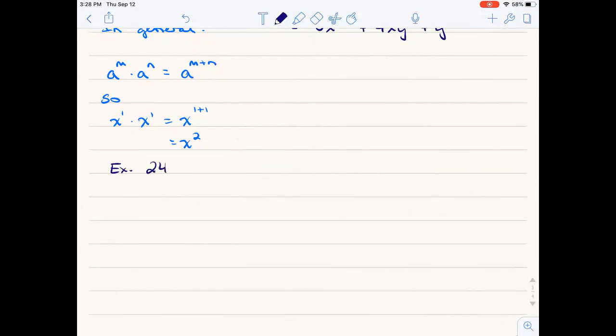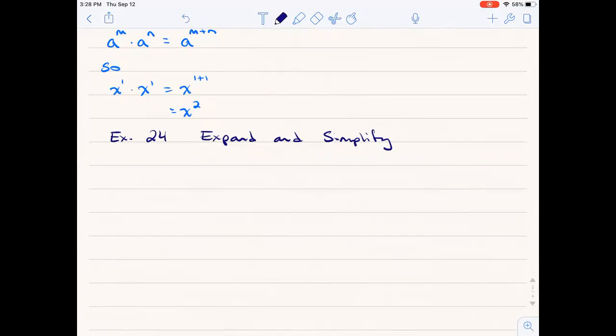Example 24. Expand and simplify. What if we have something like this? X minus 2 times 2x squared minus 3x minus 4. Yowzas.